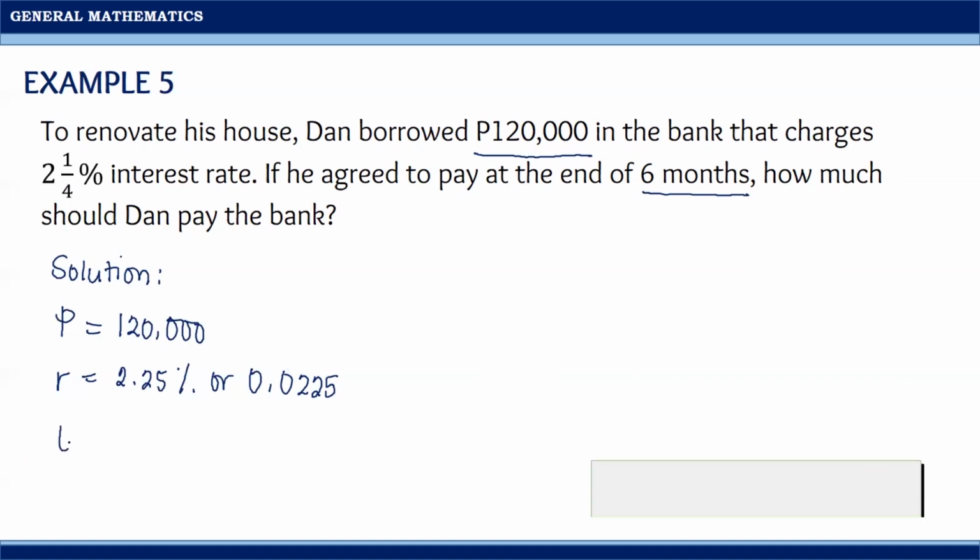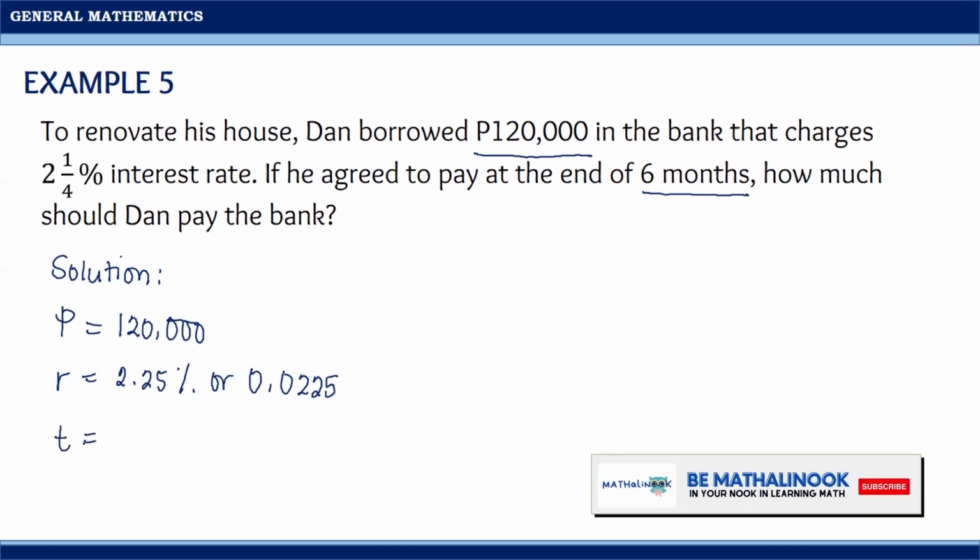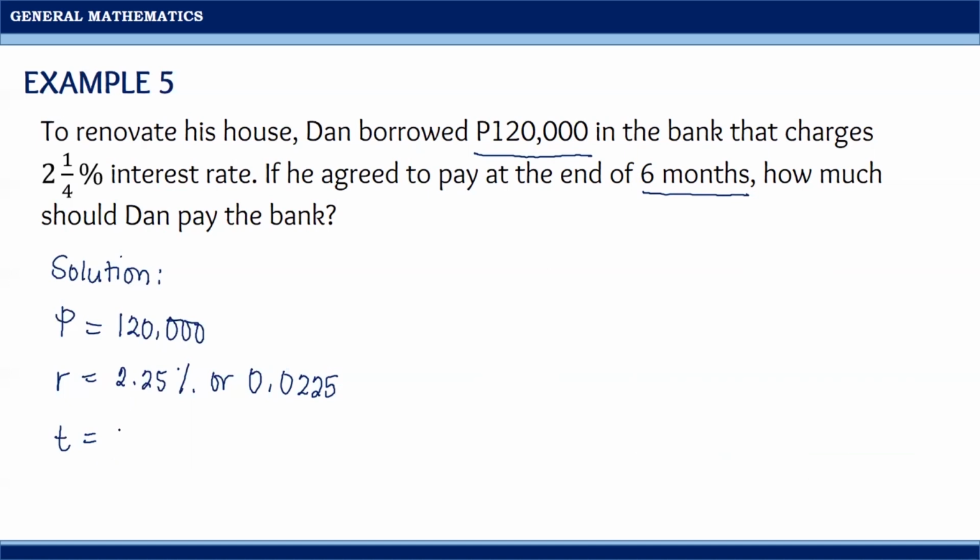But since we need to write the time in terms of years, we need to convert 6 months in years, which is equivalent to 0.5 year. So since we have P, R, and T, to solve for the value of F, we will be using the formula P times 1 plus RT.